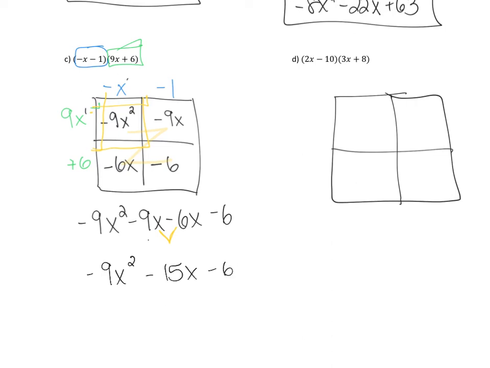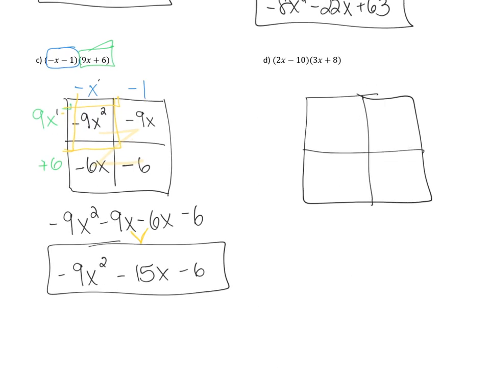So when you have a negative 9 minus 6, always remember you could add the two numbers and just keep the negative. And then the last one that we need to do, I'm going to slide over. I'm going to take my first binomial and write it on top. Then I'm going to take my second one and write it on the side.